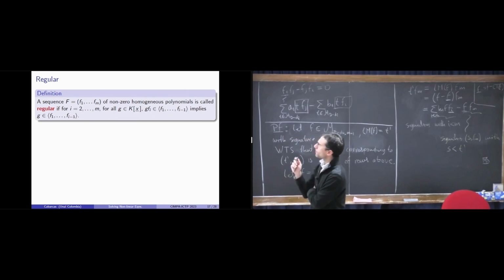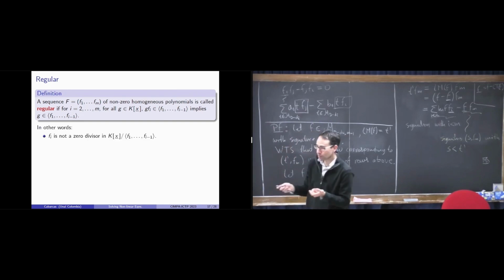So I'm going to define a regular sequence as follows. A sequence F1 through Fm of non-zero homogeneous polynomials is called regular if for i equals 2 up to m, and every element G in the polynomial ring, G F_i belongs to the ideal generated by F1 through F_{i-1} implies that G belongs to that ideal.